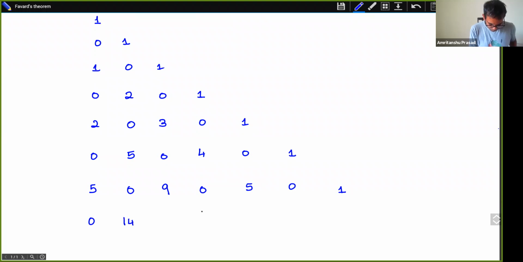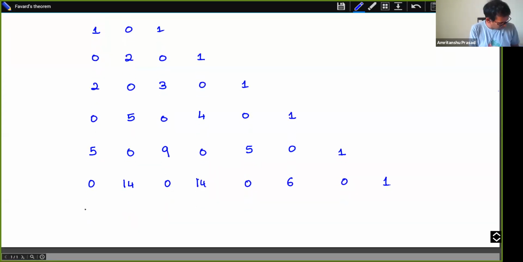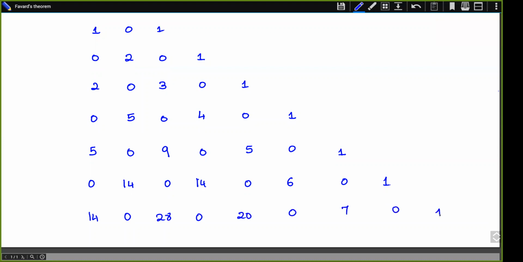So here we have 5 plus 9 is 14. And here again we have 14, 0, 14, 0, 6, 0, 1. Let's do one last row: 14, 0, 28, 0, 20, 0, 7.